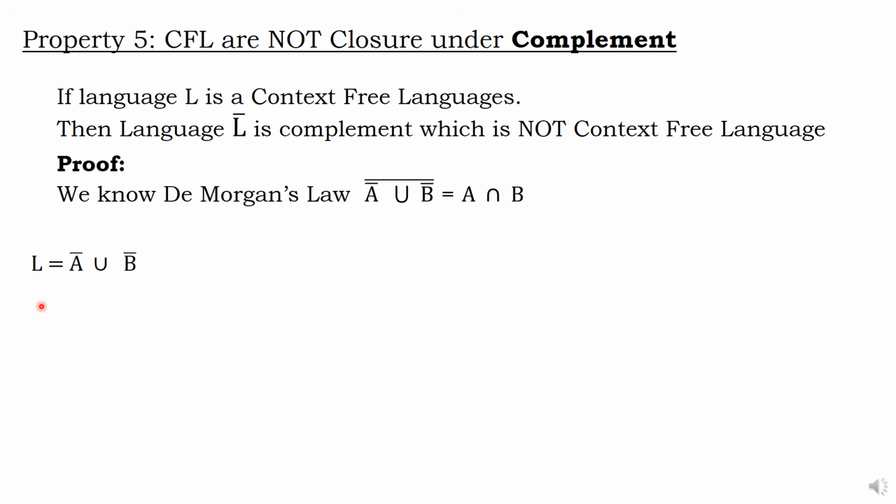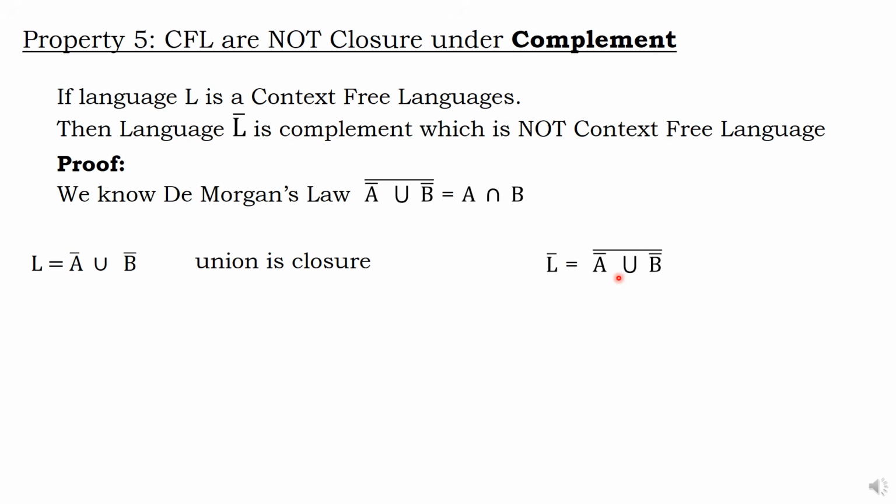Now take a language, A bar union B bar. There is a language, A bar union B bar. Next, what is its L bar? Because I need its complement. Union is closure, already we discussed. What is its L bar? This whole thing I am going to give a bar. If I do bar, carefully tell me, as per De Morgan's law, what happened?